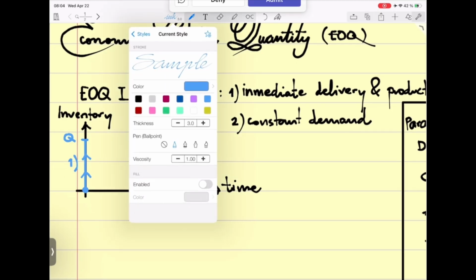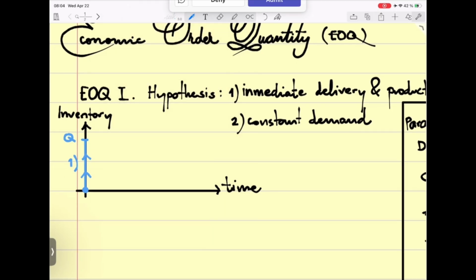So the first hypothesis is that we have immediate production and delivery, okay? So this line is vertical, because we have in this model immediate production and delivery, okay?